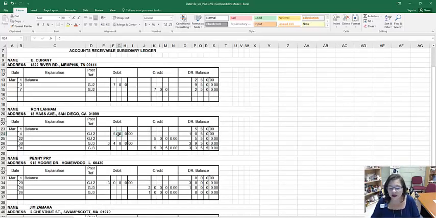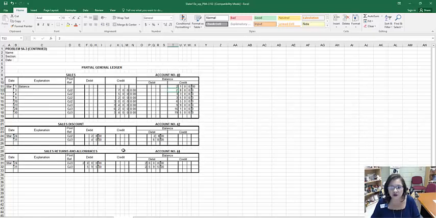And once you're done with that, of course, you need to make sure that you credit your sales as well, and that you bring down your new running balance. So that's what you're doing there. Now, line item, here we go. We're selling again, so that's basically the same thing that you're going to do.